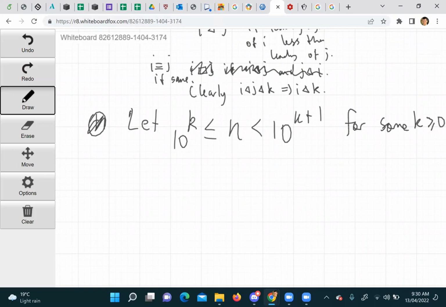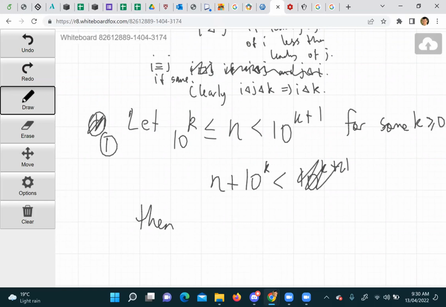And then you can say if n plus 10 to the k is less than 10 to the k plus 1, then, maybe it looks nicer if you write it like this: if n is less than or equal to m, which is less than 10 to the k plus 1, then n is m.